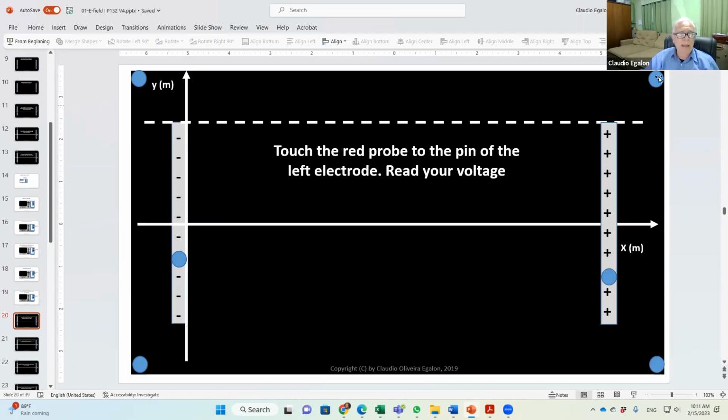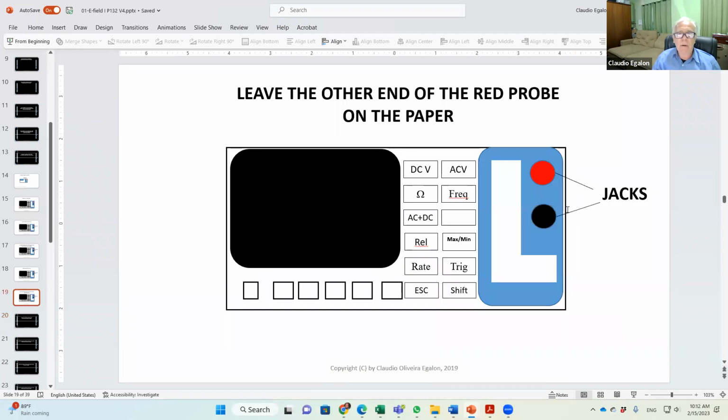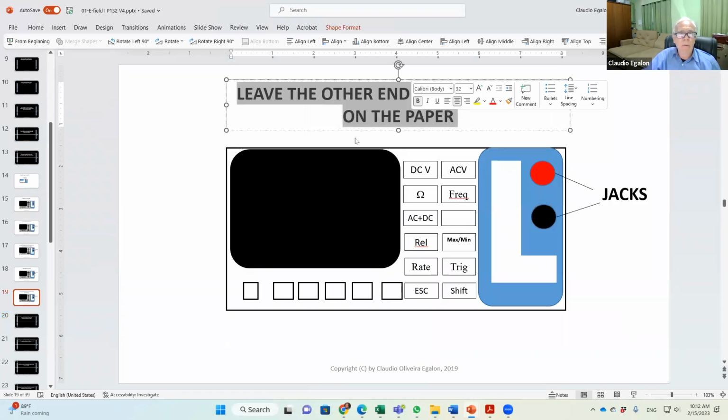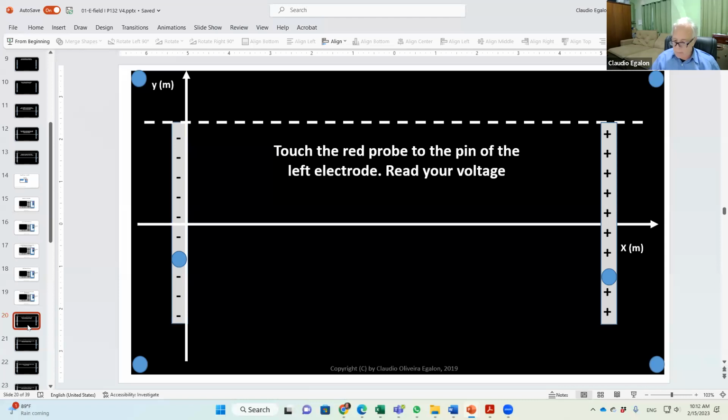Now I have the black end of the multimeter connected here together with the negative of the power supply. The positive of the power supply is connected here to the right side of the electrodes on this paper. And the red probe of my multimeter, just leave on the surface of the paper for now. Now we are ready to perform the experiment.